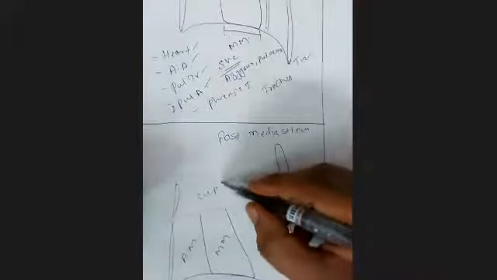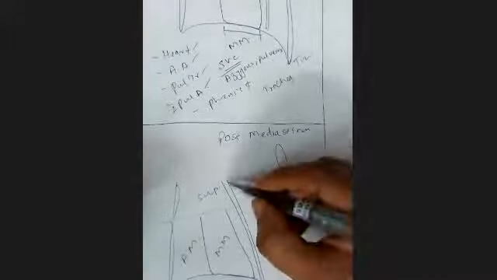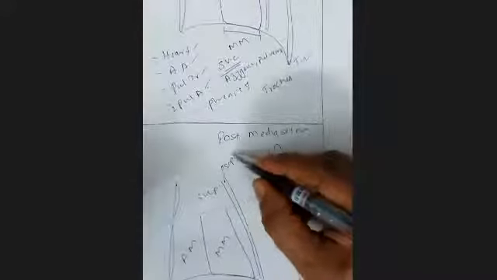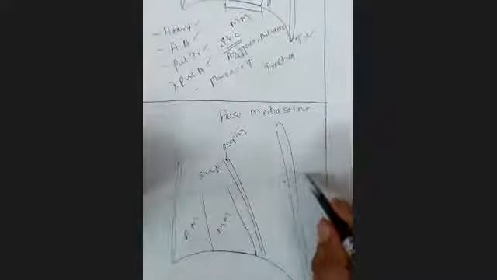The most anterior part of posterior mediastinum is the esophagus. Here we can see the esophagus runs from superior mediastinum to the posterior mediastinum. Inferior mediastinum is divided into anterior, middle, and posterior mediastinum.